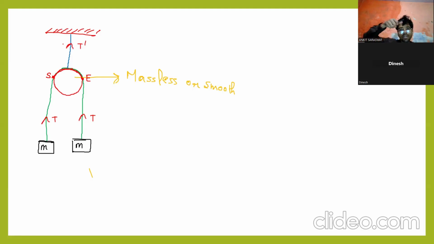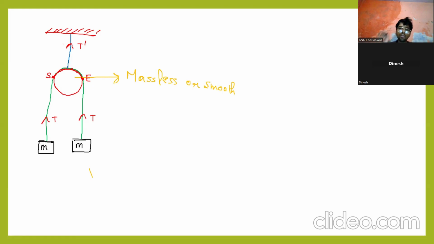In which direction will this string apply the tension force so that this pulley will be balanced? Up. You keep your hand on the pulley like this and see where the string is. The string is up. Then the direction of tension will be up. Clear?